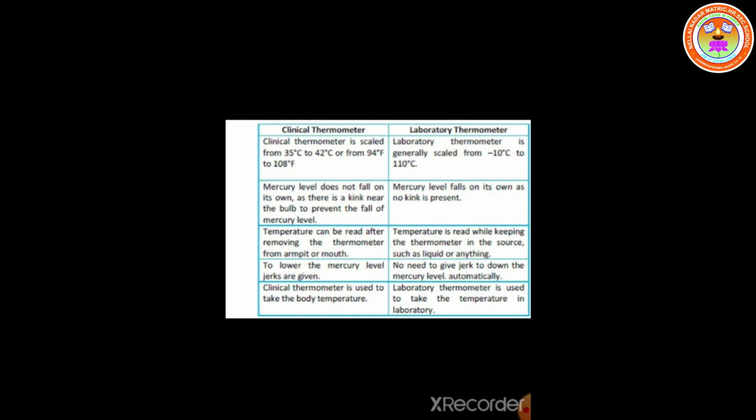To lower the mercury level, we have to give jerks. But here, no need to give jerks to lower the mercury level. Clinical thermometer is used for measuring the body temperature. But laboratory thermometer is used to take the temperature in laboratory.